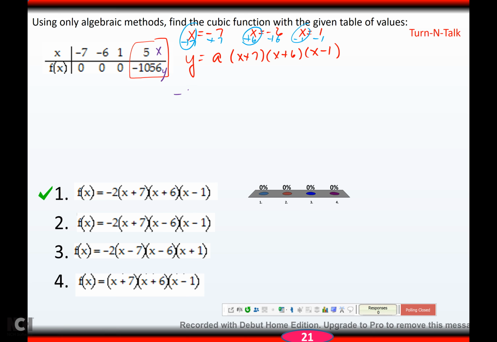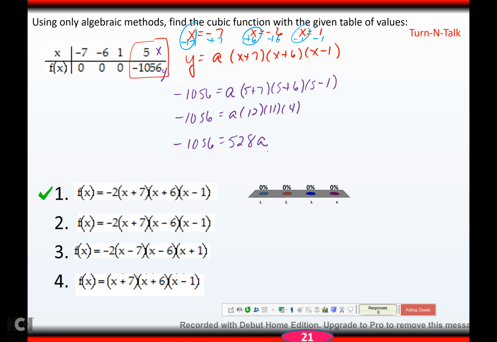So I'm going to change y to -1056 equals a times (5 plus 7), (5 plus 6), (5 minus 1). That's -1056 equals a times 12 times 11 times 4. That's -1056 equals 528a.